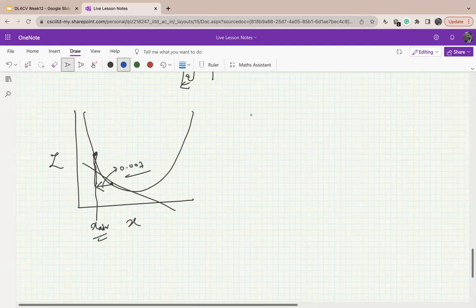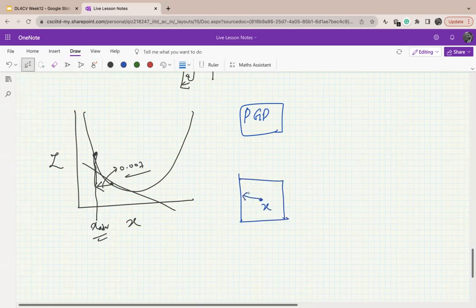But what PGD says is that, let's say this is a box and here is the original image x. So you first move in this direction. This is the resultant direction that you are moving. Each dimension of x will have a sign, right?